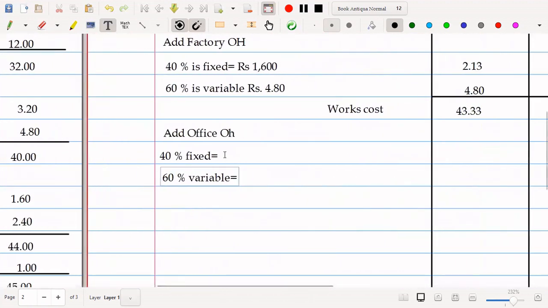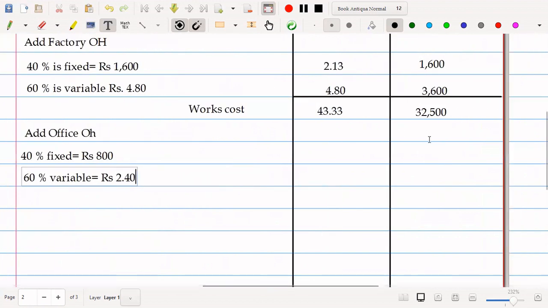It is rupees 800, and this comes to rupees 2.40. Now fixed amount, you take it directly here, 800, and this per unit, you take it here as 2.4.